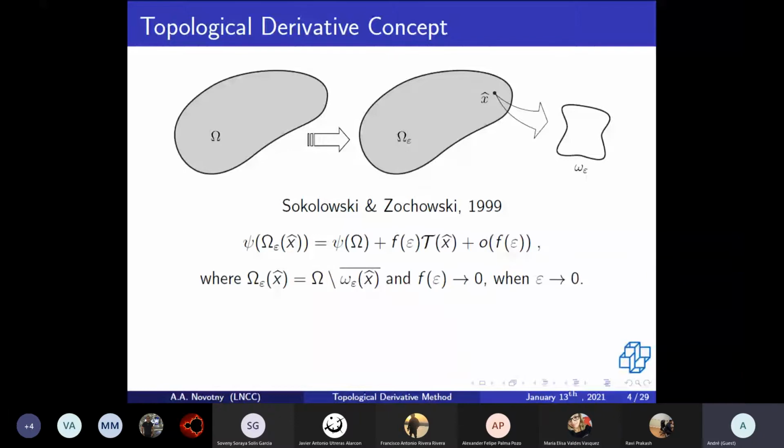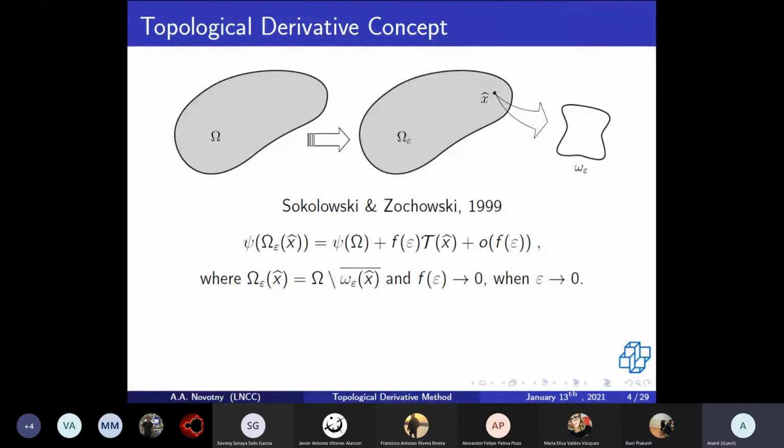And then we are looking for an expansion of this form where the shape function of the quantity we are interested in, defining the perturbed domain that depends on the small parameter epsilon and on the center of the perturbation, we will approximate by the shape function associated to the original domain plus a first order correction of this form, where we separate the dependence with the small parameter epsilon and the point, and plus remaining.